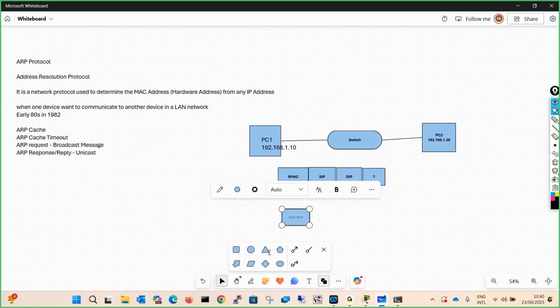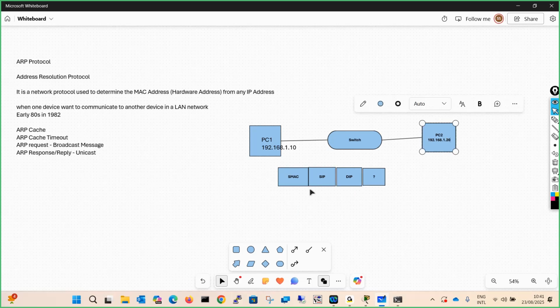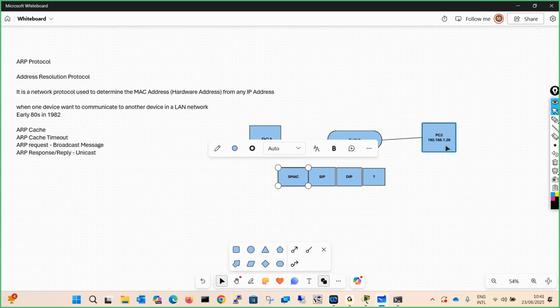While replying back, let's understand over here itself. The source MAC address will be the MAC address of PC2, and the source IP will be the IP address of PC2.